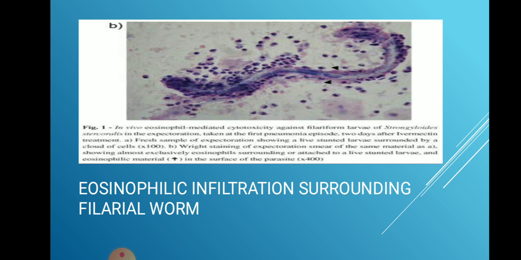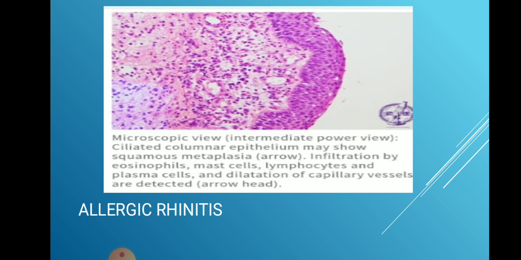The eosinophils are surrounding or attached to a live stunted larva and eosinophilic material on the surface of the parasite. This is the picture showing allergic rhinitis. Infiltration by eosinophils, mast cells, lymphocytes, and plasma cells, and also a dilatation of capillary vessels are detected.